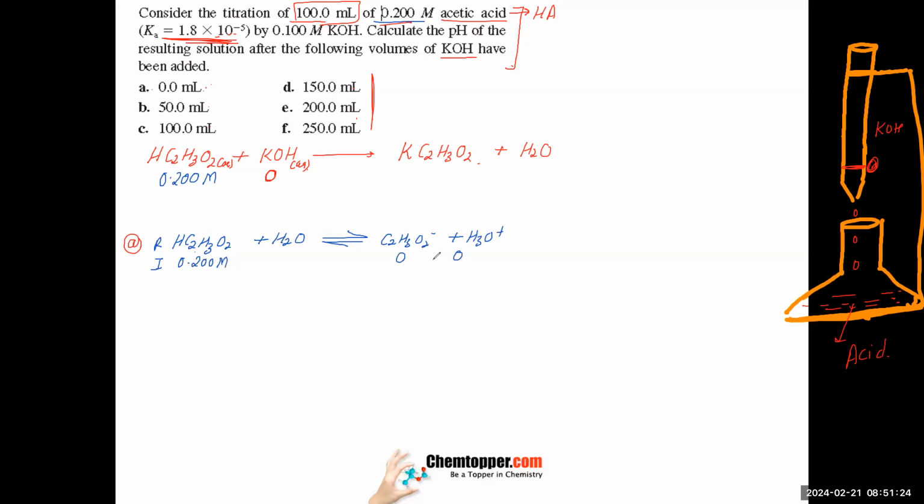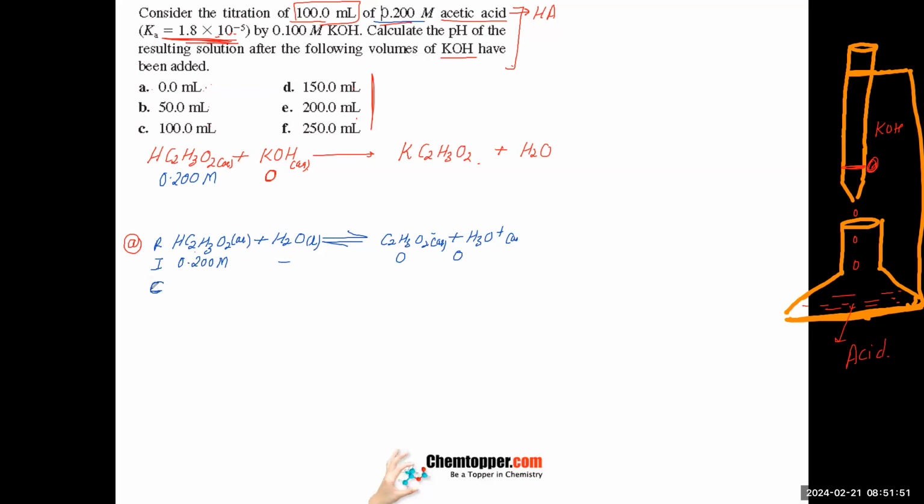Now you complete the rice table. Water is liquid, just ignore it. It's not part of your Ka. Complete the rice table. 0.20. Oh, change, sorry. Can I write down the equilibrium straight away? By this time, are you expert at writing the equilibrium straight away? Or do you want to write the change first?